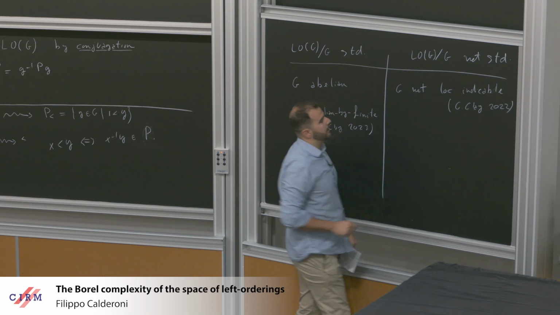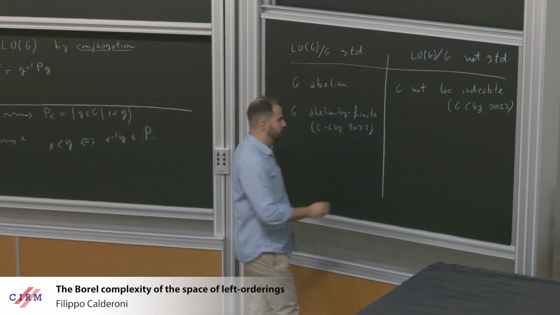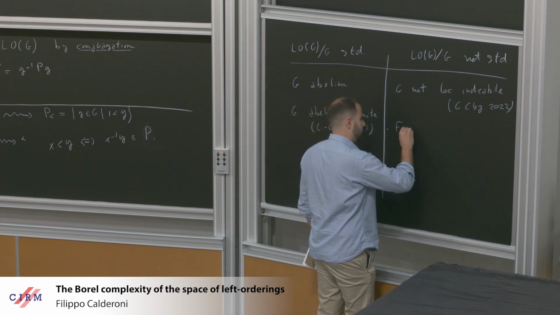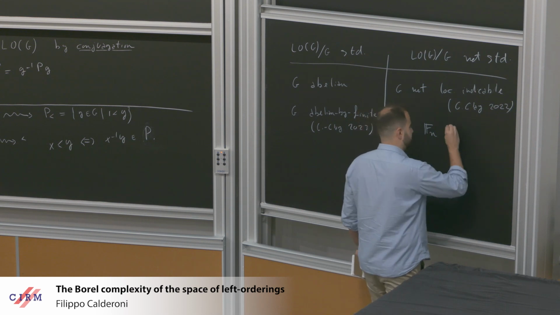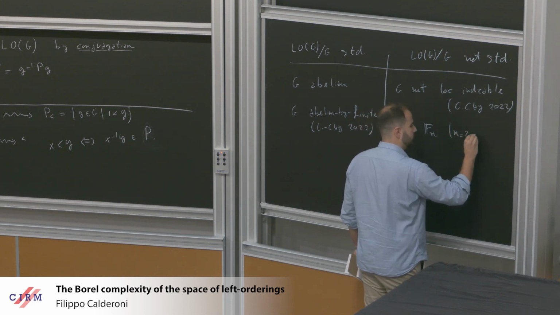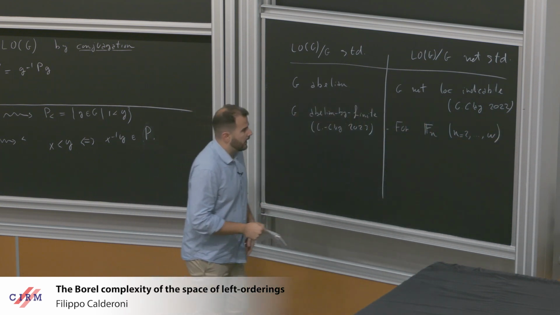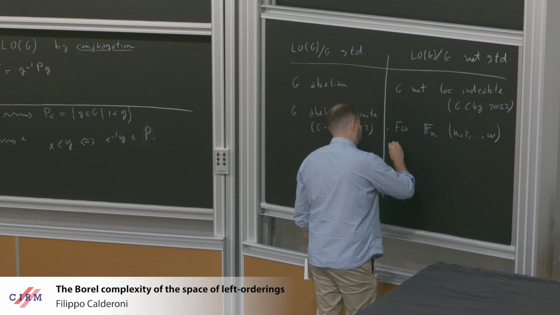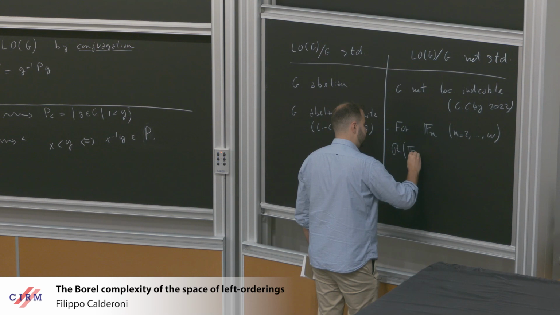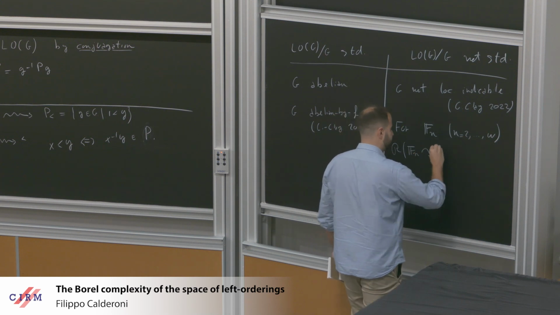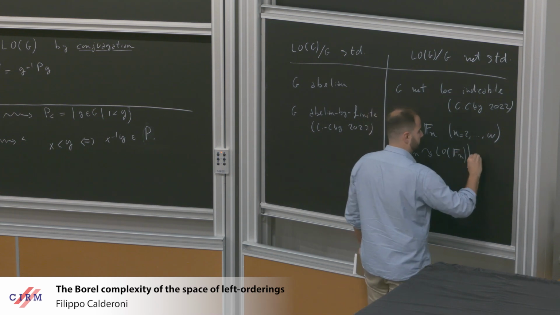But also, one example for which LO(G) mod G is not standard is the free group. So for the free group F_n on n generators, n from 2 up to omega, we know in fact that the equivalence relation induced by the conjugacy action is universal.